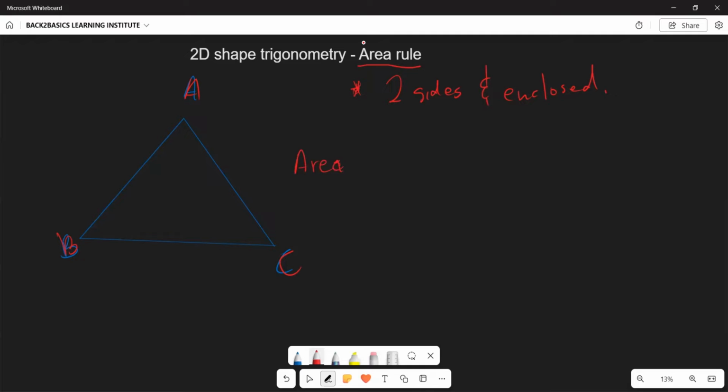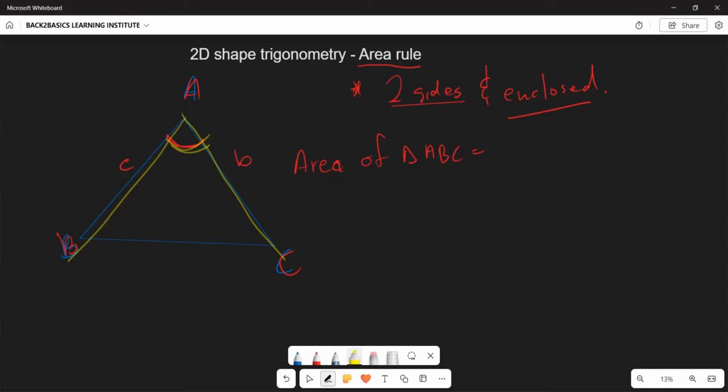What you need to have here is this side, which is your side C, your side B here, and also an angle. So that's what we mean when we say two sides and an enclosed angle, which means you must always have the two sides and the angle in between to use the area rule.